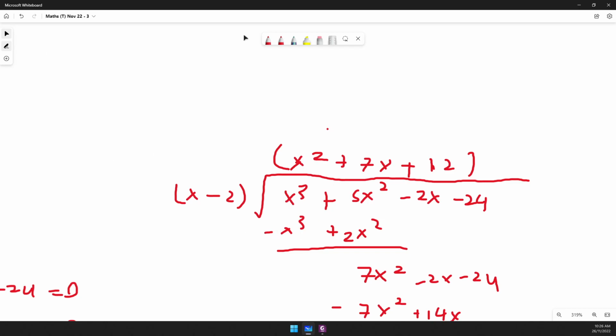When you're dividing, it's like, okay, let's say 36 divided by 3. Let's take another difficult number. Okay, say 43.